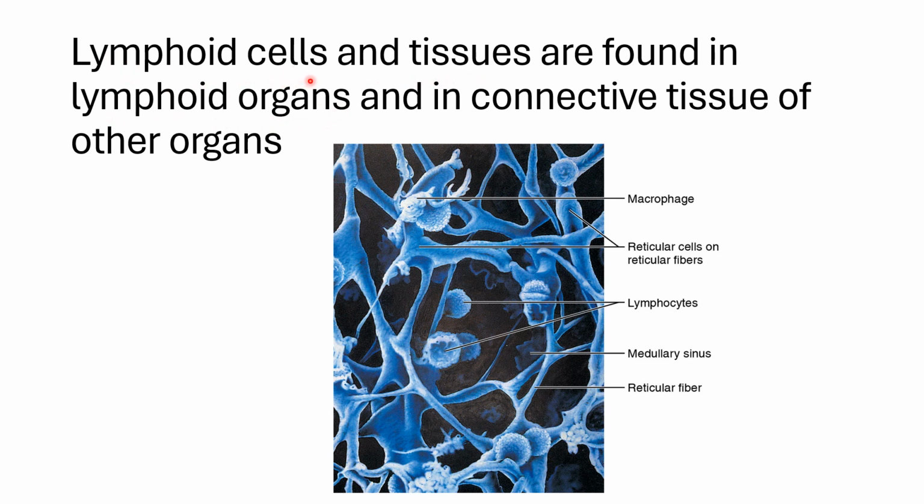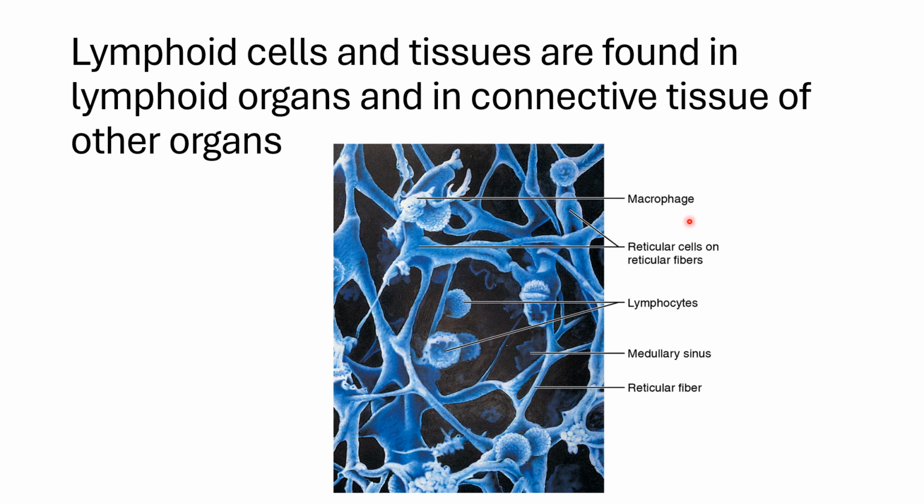These lymphoid cells and tissues are dispersed in different tissues of the body, but we also have some lymphoid organs. And what are the common features? They contain a reticular network. These are reticular fibers, and if there are reticular fibers, there also will be reticular cells. These reticular cells make that meshwork of reticular fibers.